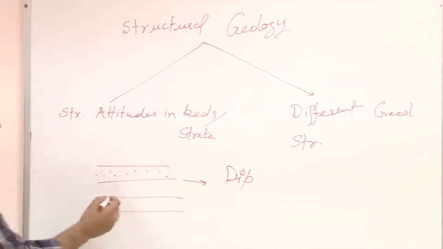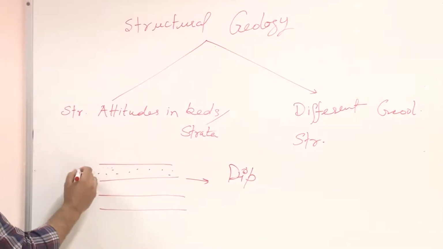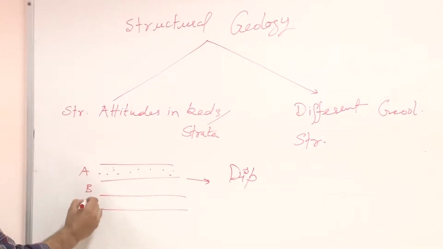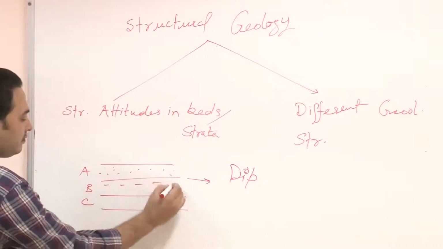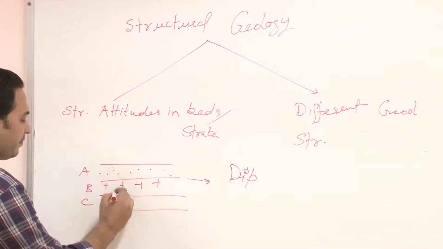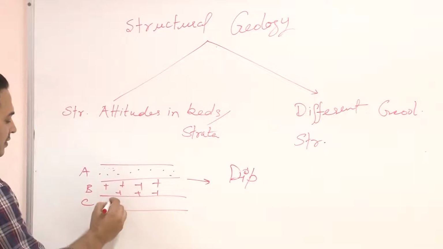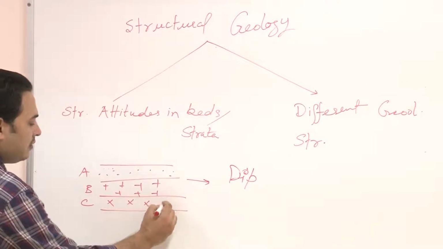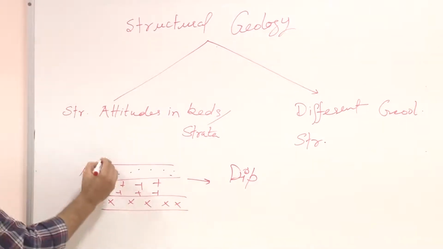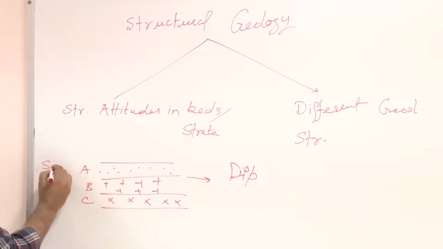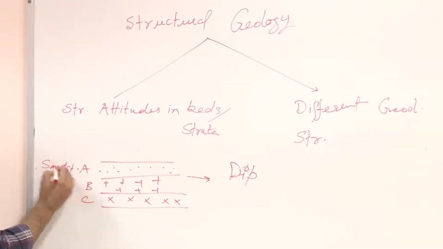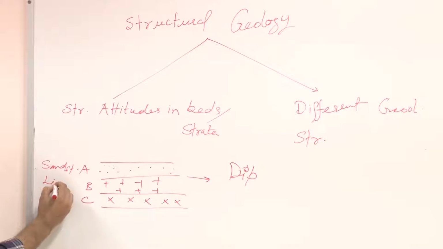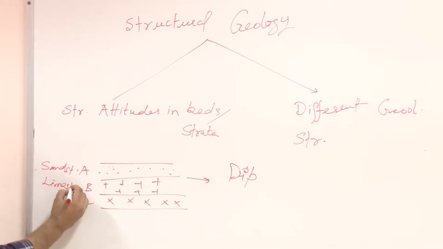So strata deposit in a horizontal manner. Suppose this is bed A, this is bed B, this is bed C. Suppose A is sandstone, B is limestone and C is shale.